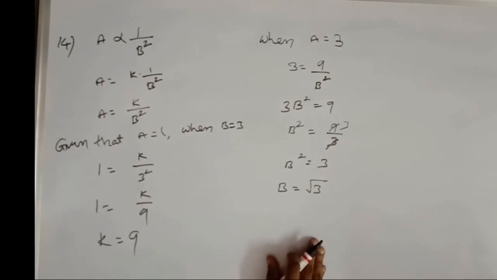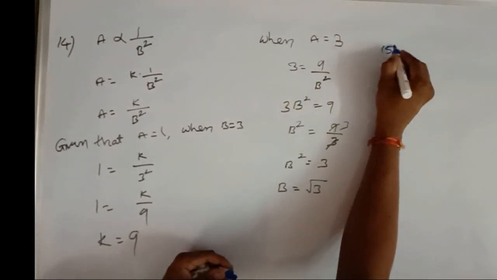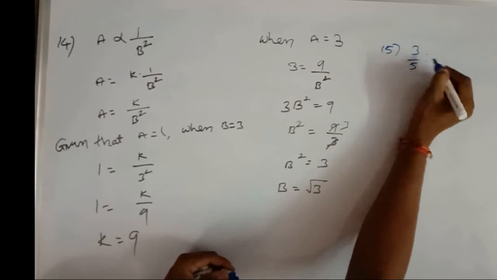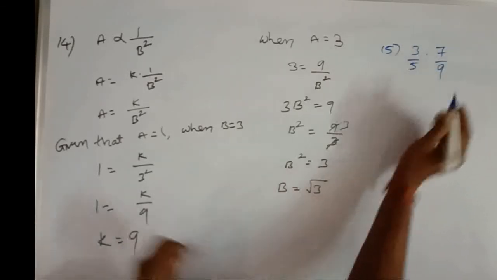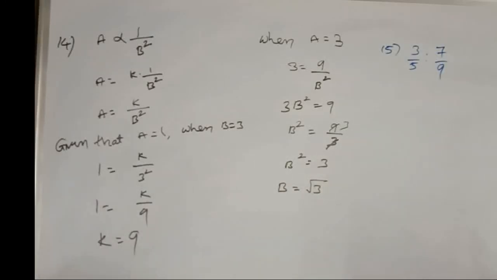And for today, the last question, the 15th question: express 3 by 5 is to 7 by 9 in the lowest terms. That is, 3 by 5 is to 7 by 9 in lowest terms.